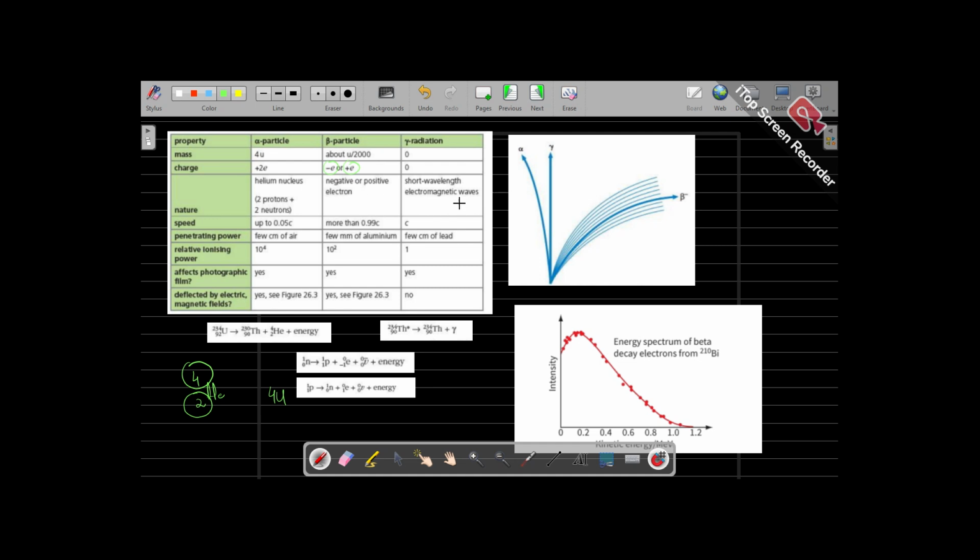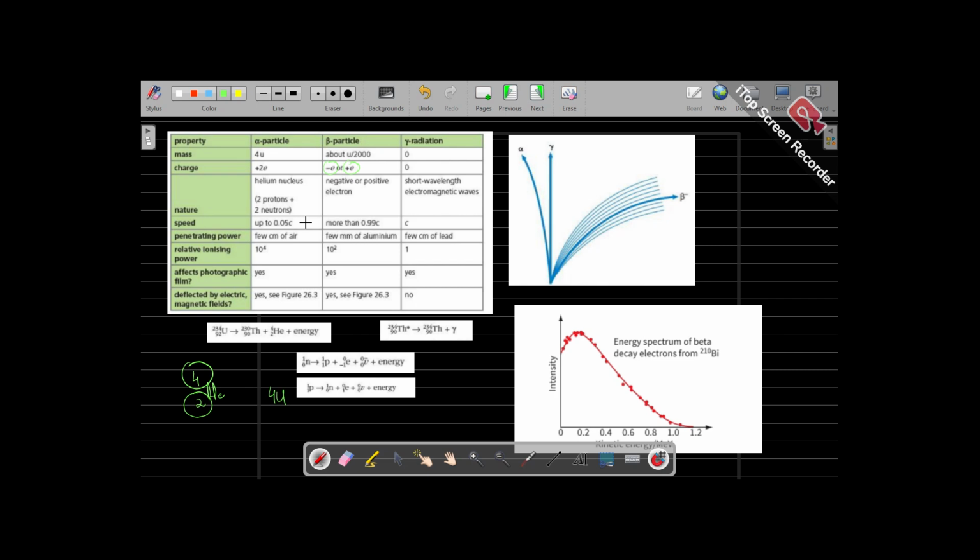And because I said they are electromagnetic waves, they have the velocity of light, which is represented with c, 3 × 10^8 meters per second. When it comes to beta particle, yes, they are fast moving electrons. Their velocity is 99% of the speed of light. And when it comes to alpha particles, their velocity is almost 5% of the speed of light.